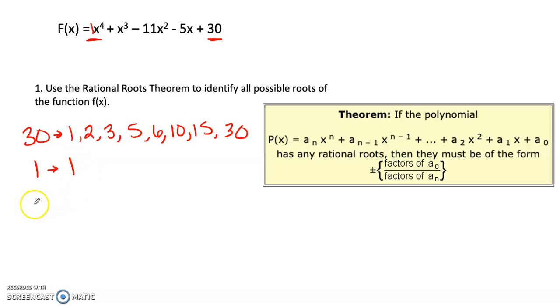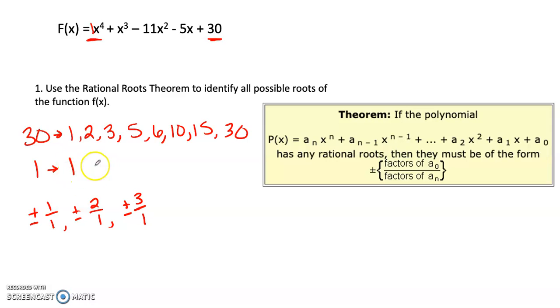So here's where we want to put it. a0 over an, and we've got our plus or minus. So plus minus 1 over 1, plus minus 2 over 1, plus minus 3 over 1, okay?